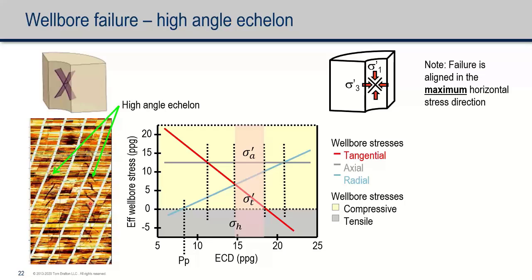And you know that they're not natural fractures because they don't go all the way across the borehole. In fact, you'll observe that the symmetry is not there. You can't put a sine wave through this and go through the equivalent one. Very often you'll see them on one side of the hole and not the other. But this failure is aligned with the maximum horizontal stress.